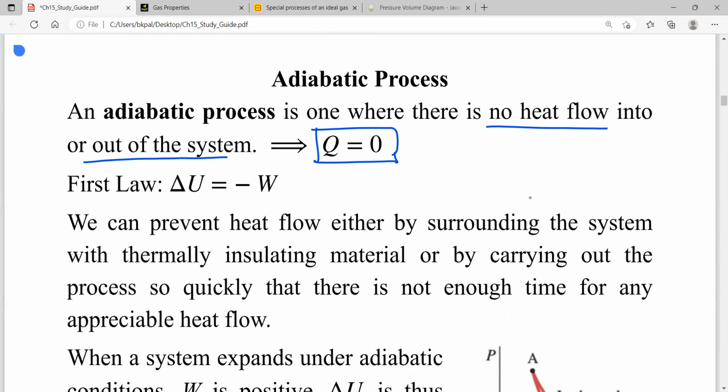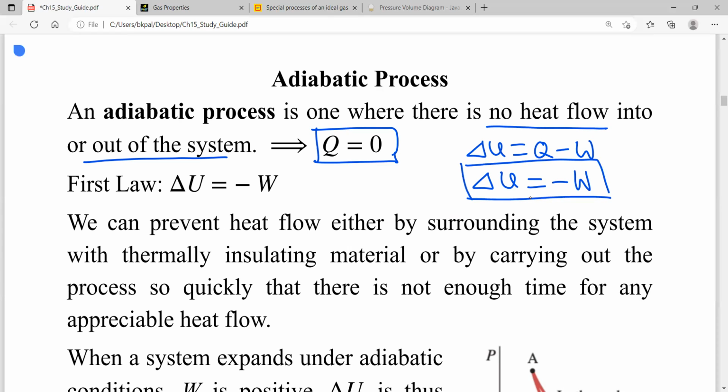And in adiabatic process, Q equal to 0. So then the first law of thermodynamics becomes, because delta U equal to Q minus W, when Q equal to 0, delta U equal to negative W. Okay, so for adiabatic process, the first law of thermodynamics is delta U equal to negative W.